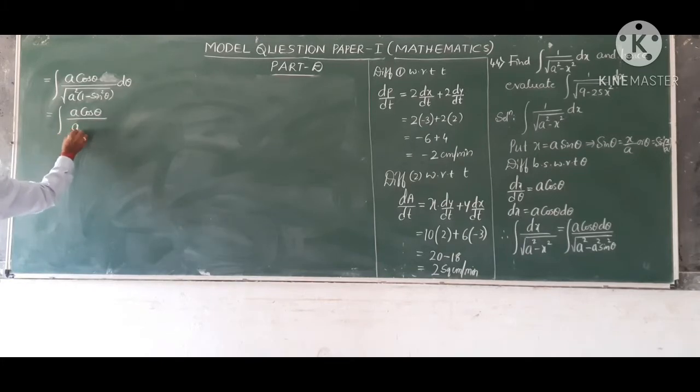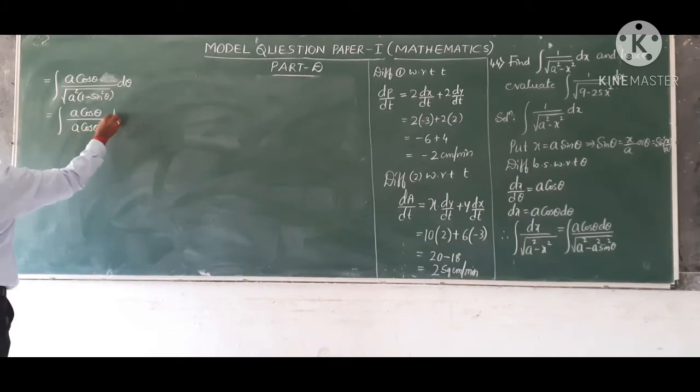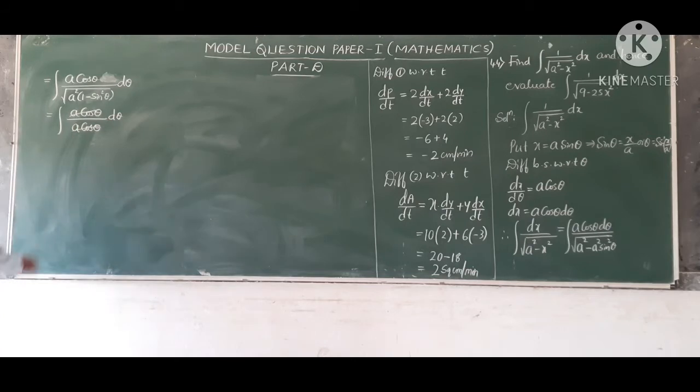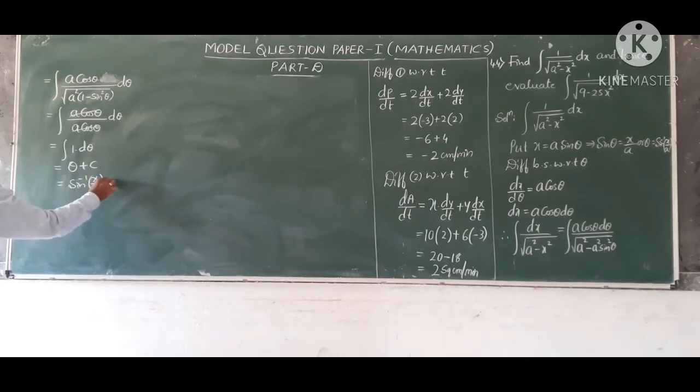Square root of a square cos square theta is a cos theta, with respect to theta. A cos theta cancels. That is integral of 1 with respect to theta. Integral of 1 is theta plus c. But the value of theta is sin inverse of x by a plus constant of integration c.